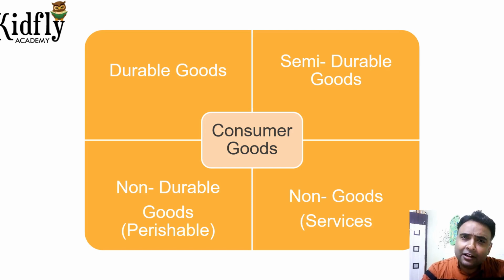An example would be the car. A car comes into the category of durable goods, and furniture would come into the semi-durable goods category. Then we have perishable goods. They will perish within a day or two because they have a very short shelf life, like bread and milk. They are examples of non-durable goods.